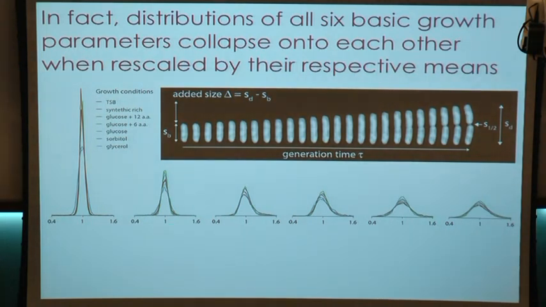And we have 6 sets of histograms. Each histogram has multiple lines because they all come from 7 different growth conditions. If you rescale them by their respective mean, they more or less collapse onto one another. The quality of collapse is pretty good for certain parameters and less good for others.